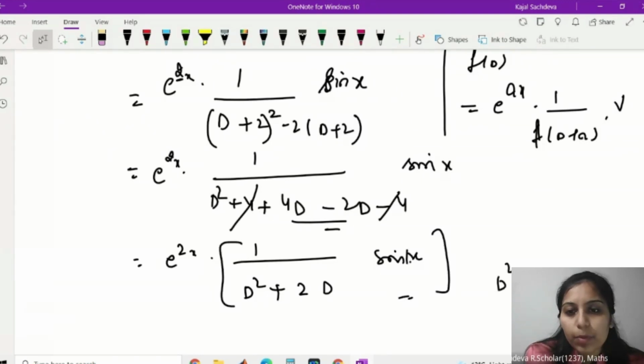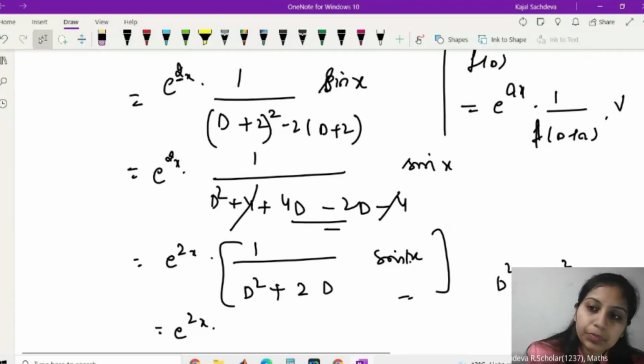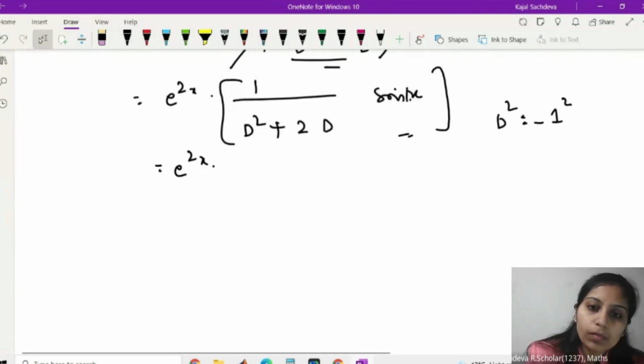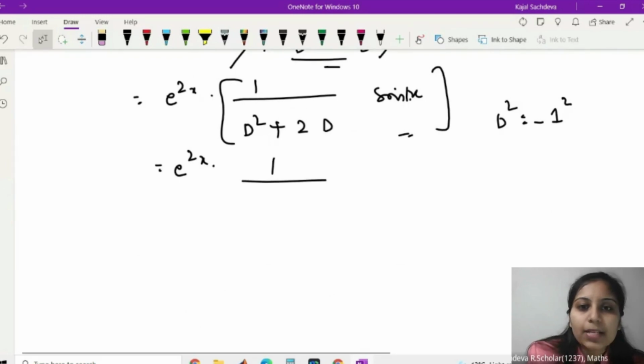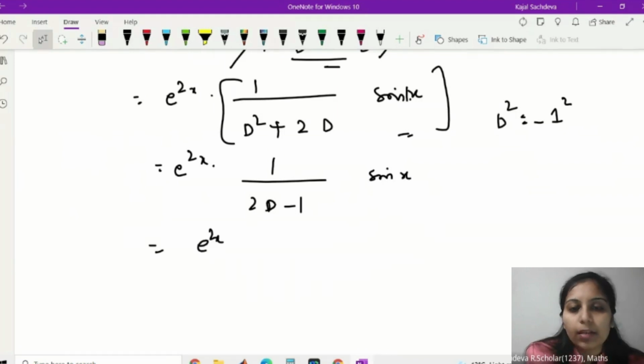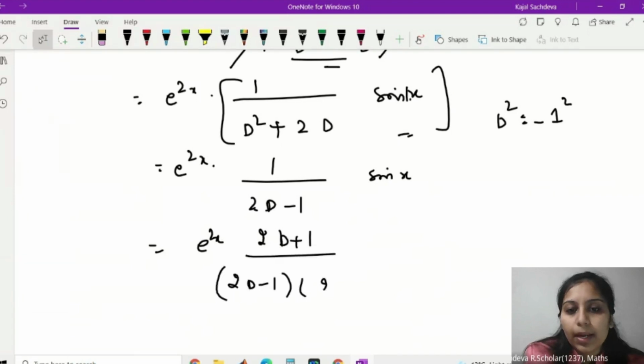So D square would be put as, for sin ax, D square is minus a square. So D square is minus 1; just put it and we will get minus 1 plus 2D, it means 2D minus 1, sin x. Now again, as in the preceding manner, we can rationalize: multiply 2D plus 1 below and in the numerator also.